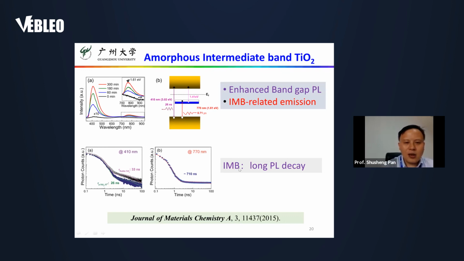And furthermore, the intermediate band related photoluminescence has a long decay time. It's about 710 nanoseconds.